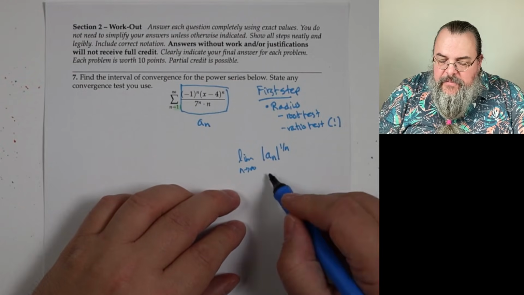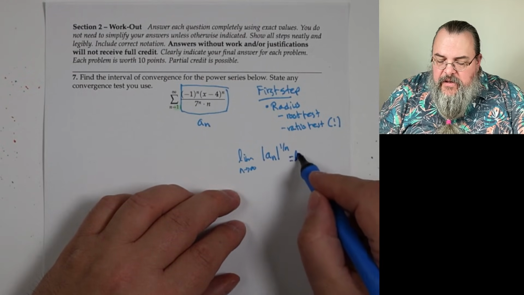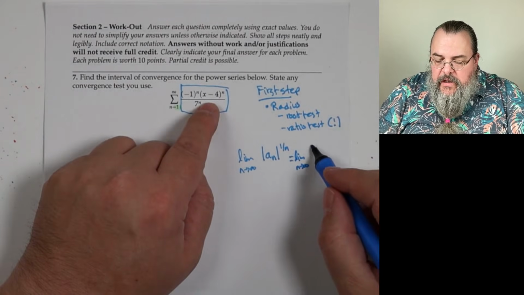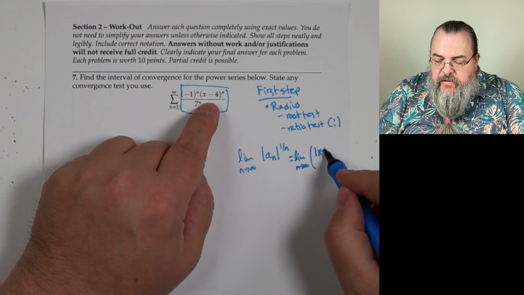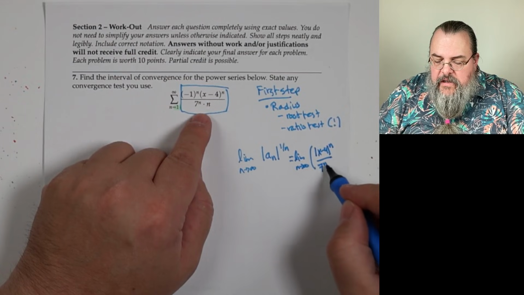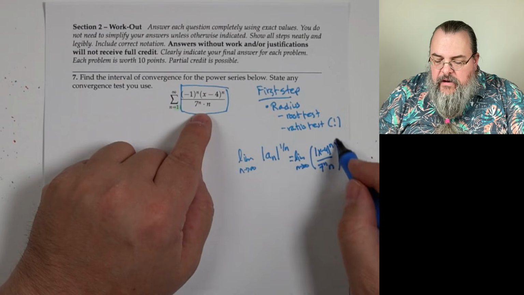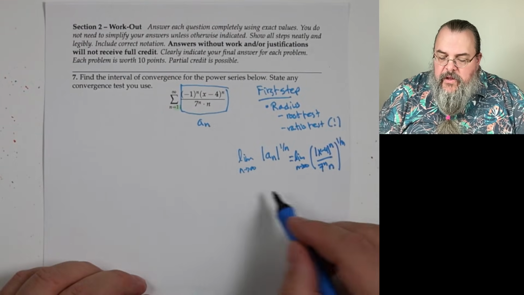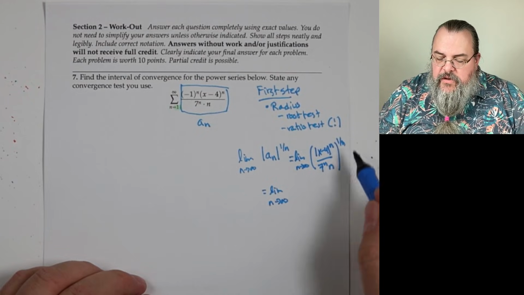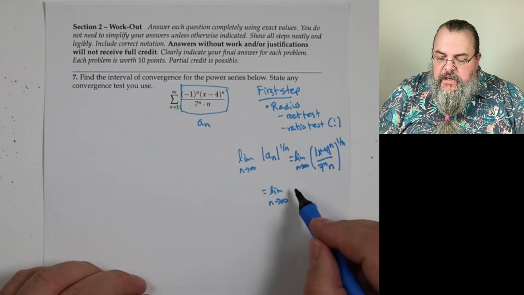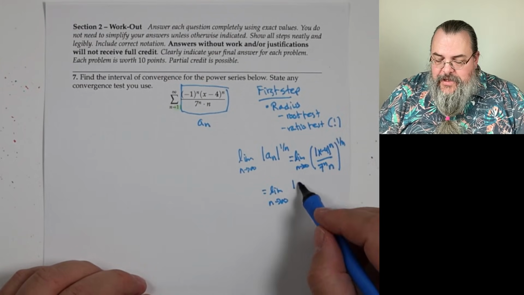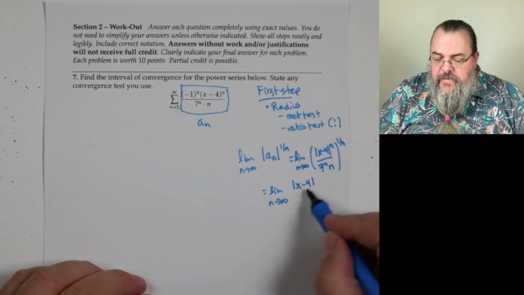So this becomes the limit as n goes to infinity. Upstairs, it'll be absolute value of x minus 4 to the n, and downstairs it'll be 7n times n, all to the 1 over n power. If we distribute the 1 over n power into each term, upstairs, x minus 4 to the n to the 1 over n just leaves us with an x minus 4.